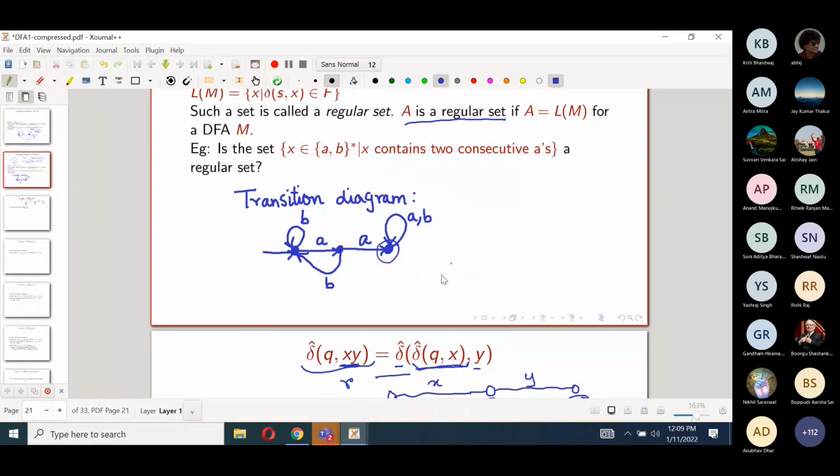All the strings will be accepted. Correct. And if S was not a final state, but everything else was a final state, can you give me one string which will not be accepted? Epsilon. Correct.